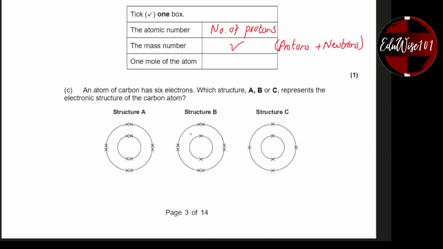An atom of carbon has 6 electrons. Which structure, A, B, or C, represents the electronic structure of the carbon atom? Now, if a carbon atom has 6 electrons, remember, electrons are the crosses in the shells. So the first shell can have a maximum of 2 electrons.